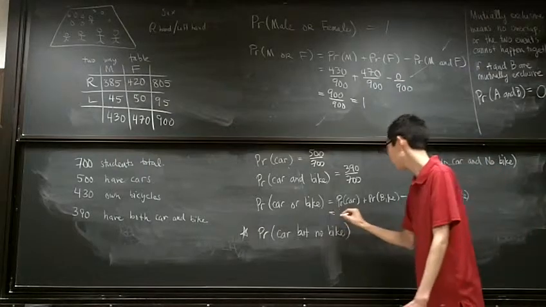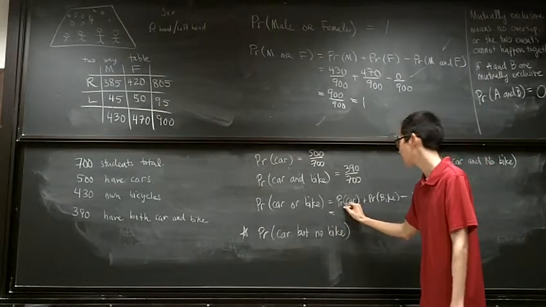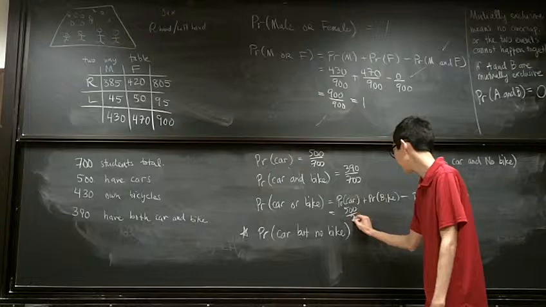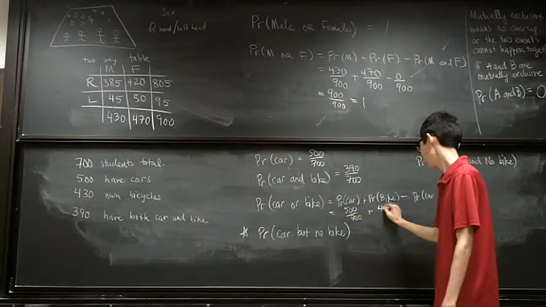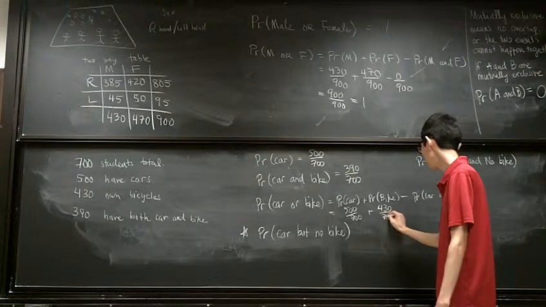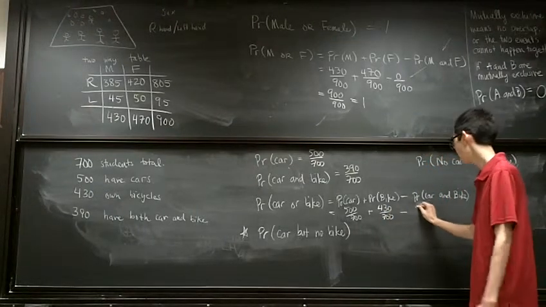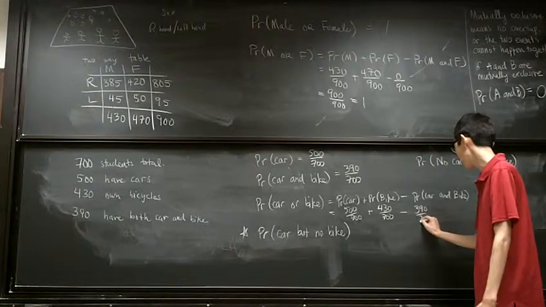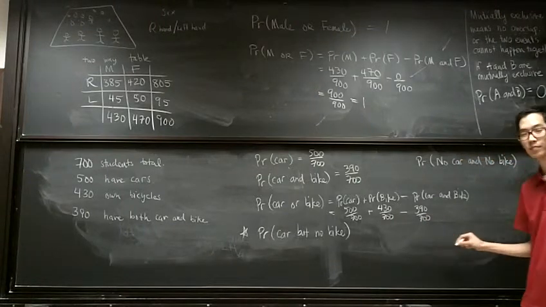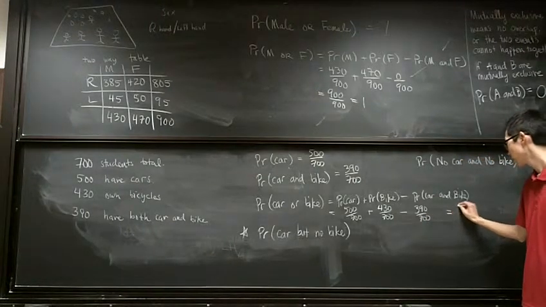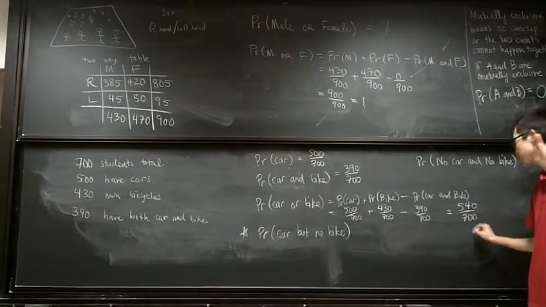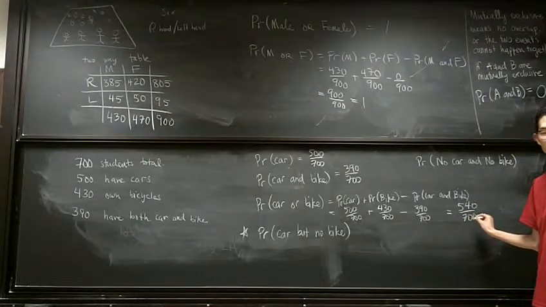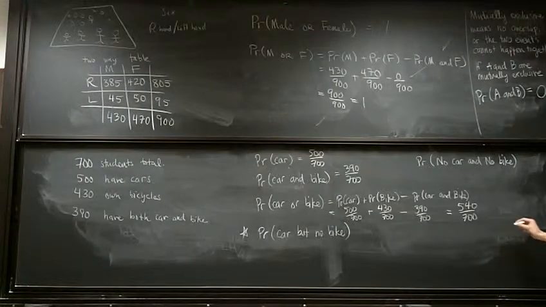So car is 500 out of 700 plus bike, which is 430 out of 700, minus 390 out of 700. Okay, and we get 540 out of 700. Is that good?